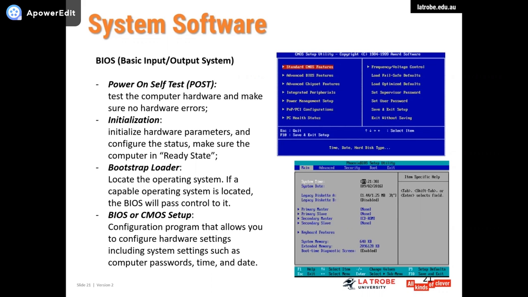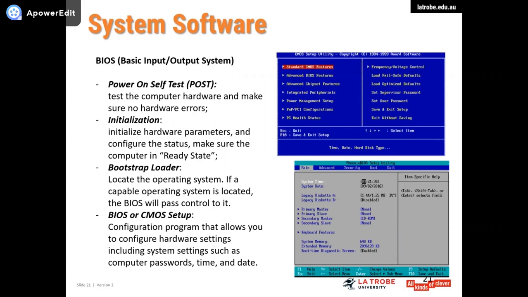We all know that Windows or another operating system has been installed on the hard drive, but the CPU does not know where Windows is located. That's the job of the BIOS. BIOS will locate the operating system on our hard drive, and once it has been located, the BIOS will pass control to the operating system.